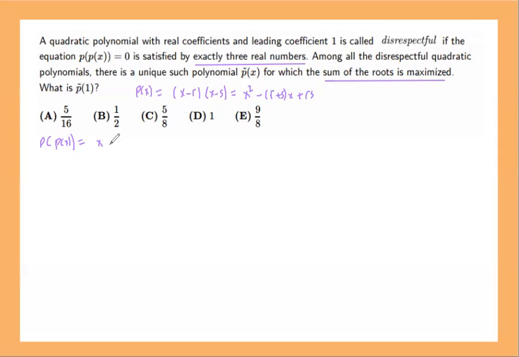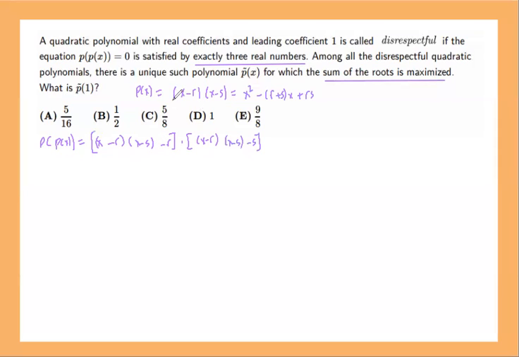So I'm going to write X minus R times X minus S, which is P of X, and that will replace this X, so it becomes the quantity X minus R times X minus S, minus R, times the quantity X minus R times X minus S, minus S. Again, make sure you really understand this part and are satisfied with this equation before you move on.